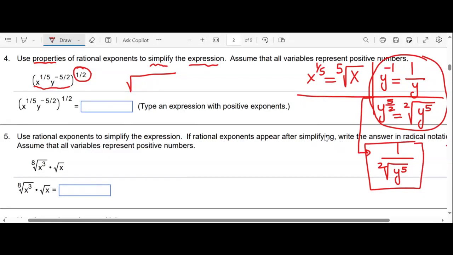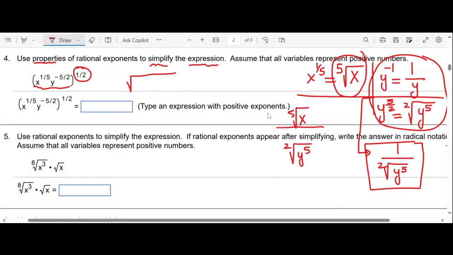Okay. So your final answer will be what? What's on the top? Fifth root of x. Yes. So it's going to be the fifth root of x over square root of y to the power of 5.